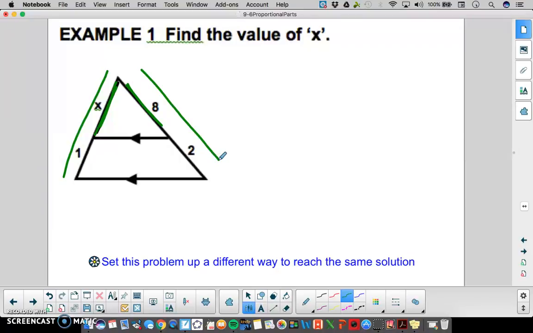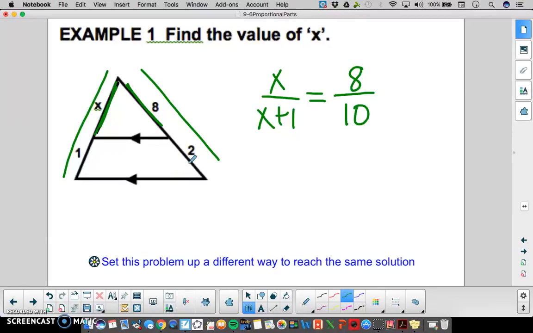So I would set that up as x over x plus 1, that's the piece over the whole, equals 8 over 10. I got 10 because I added the pieces 8 and 2 together to get the whole of 10.